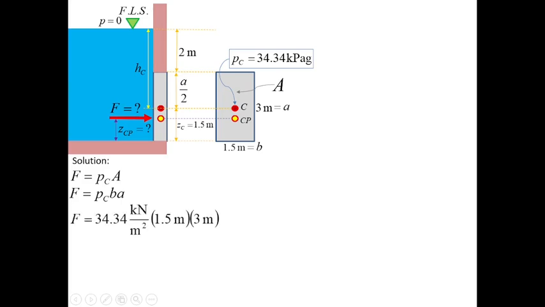The pressure at C obtained in the previous slide is 34.34 kilopascal gauge, or kilonewton per square meter, multiplied by B, which is 1.5 meters, and A, which is 3 meters. That gives us an answer of 154.5 kilonewtons.